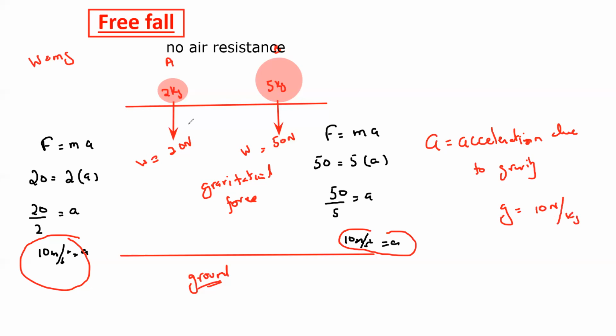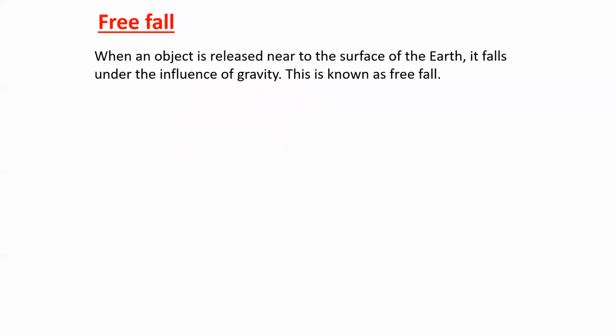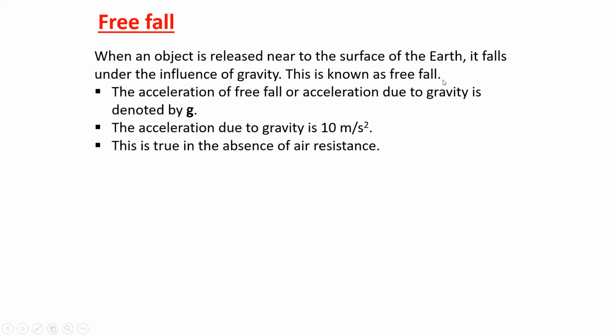So the concept of a free fall motion: when objects experience the force of gravity, they tend to move towards the surface of the earth, and they all have the same acceleration, that is 10 meter per second square on the surface of earth. When an object is released near the surface of the earth, it will fall under the influence of gravity, and we call that a free fall motion.